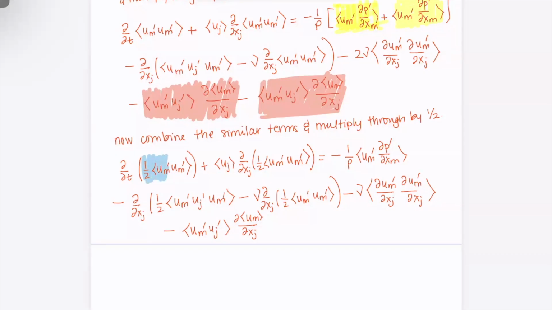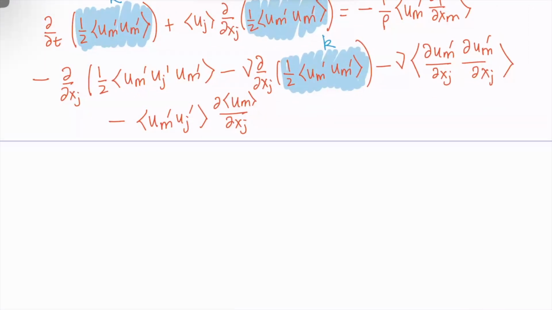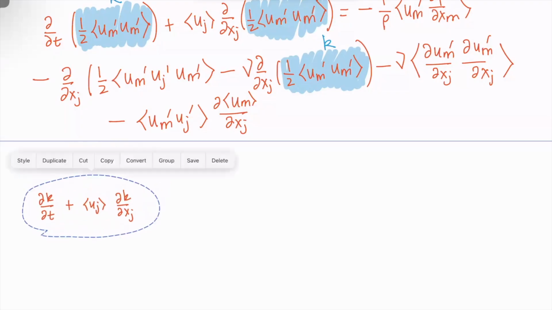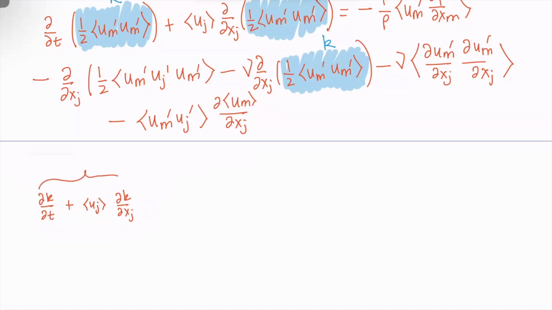So everything in blue is just K. So this is K, this is K, and then this is K. So our final equation here is partial K partial T plus UJ partial K partial XJ, which is just the material derivative of TKE by definition.